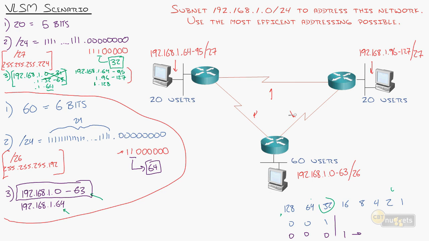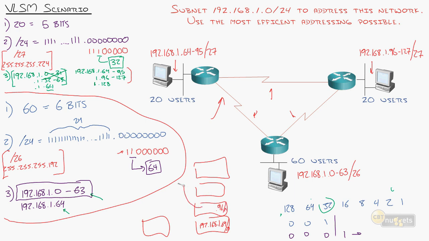What will typically be used is drag and drop, where you'll see a diagram just like I'm showing you right here, and then a whole bunch of boxes with subnets. So one box will be like 192.168.1.64/27. One will be dot 96/27. And you actually have to drag and drop those boxes to the specific areas of the network where they belong, and you just plant them there, and that's how it knows whether you got the right answer or not.